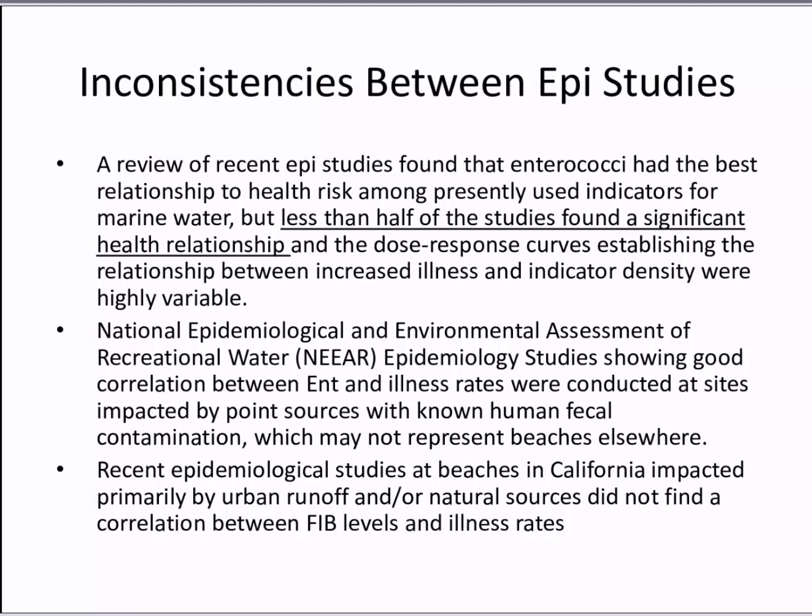Now, more recent epidemiological studies conducted at beaches in California showed that there was no correlation between FIB levels and illness rates, and that may be because, unlike beaches on the East Coast or at the Great Lakes, beaches in California are impacted primarily by urban runoff and or natural sources.